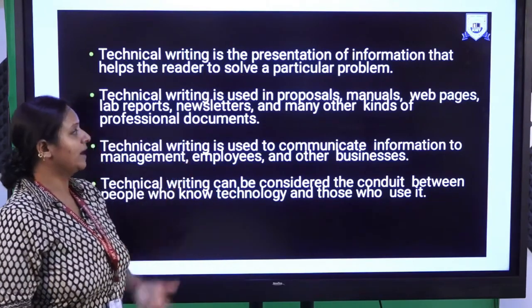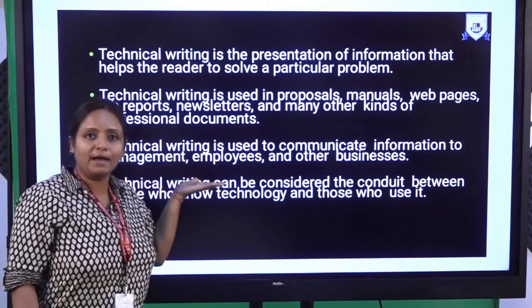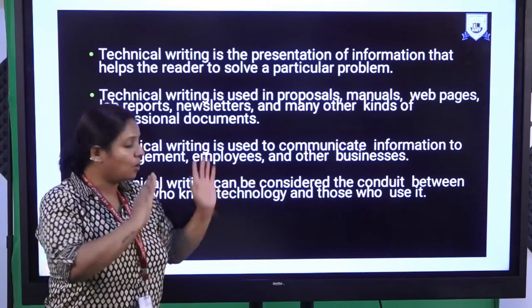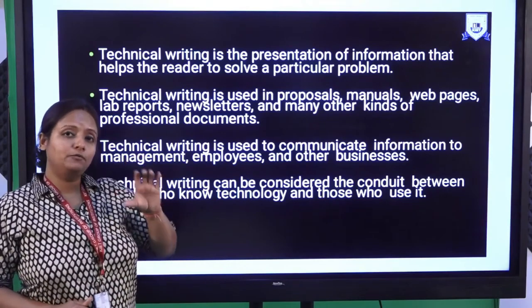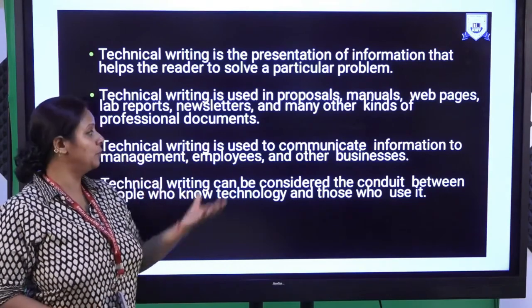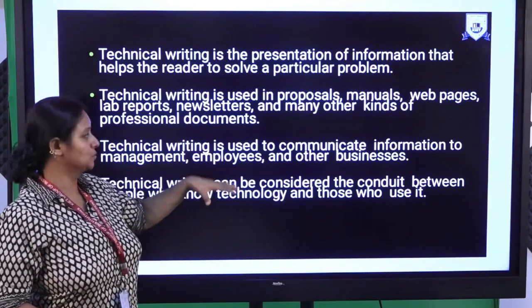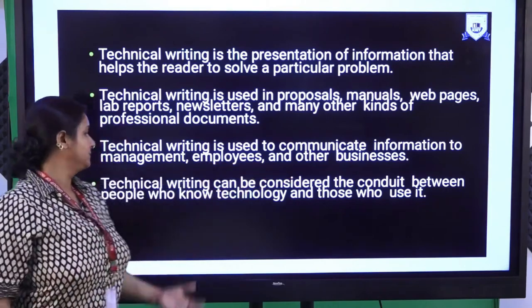Now in technical writing, we communicate information to the management, maybe to the employees. Not all the information is conveyed to all the employees. Only the information which is useful for a set of employees is conveyed to them. That is for their use. So management, employees and other business stakeholders.